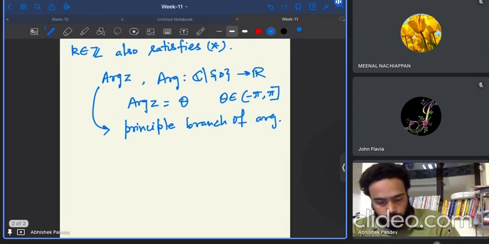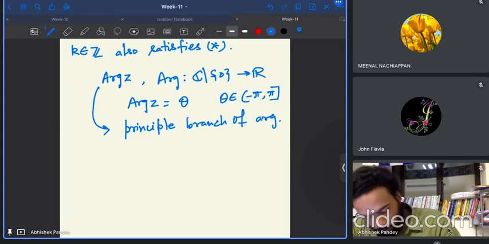Now let us discuss the continuity of argument.